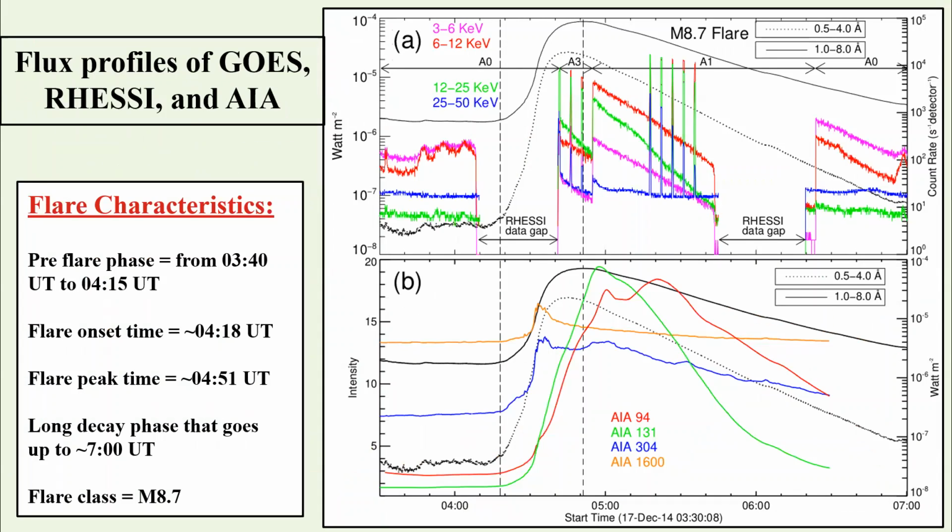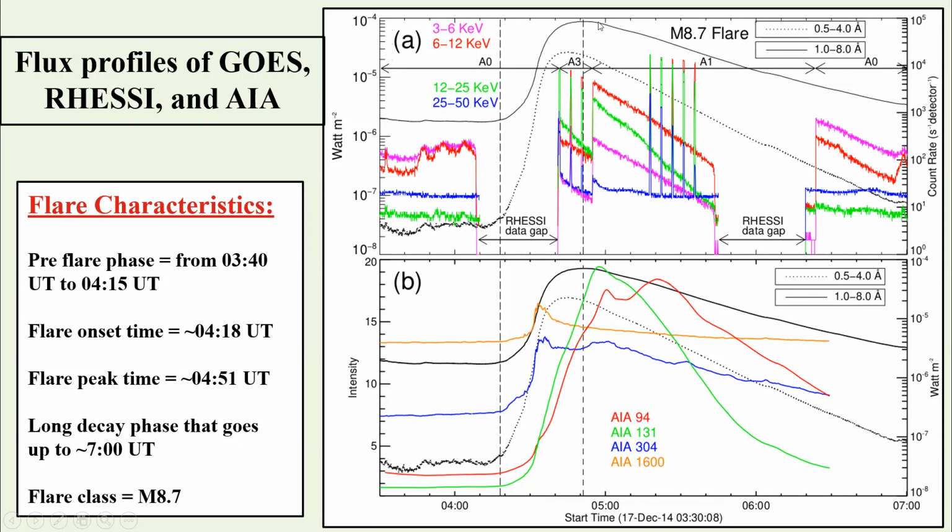In the flux profile, on the x-axis is the time, and this is the magnetic flux of the whole Sun during the occurrence of our event. Our event started from around 3 UT and ended around 7 UT.